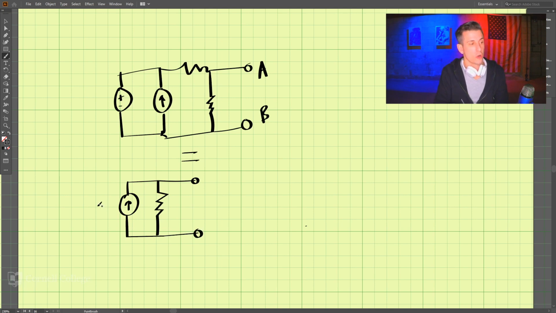This current source is I Norton, and this is the Norton resistance, R Norton. We're looking at making these two equal, and that is the idea behind Norton's theorem.